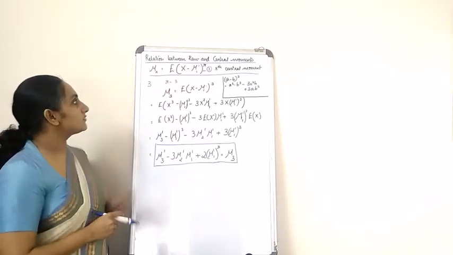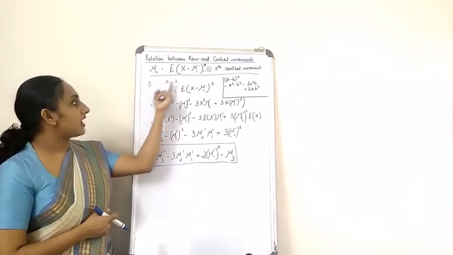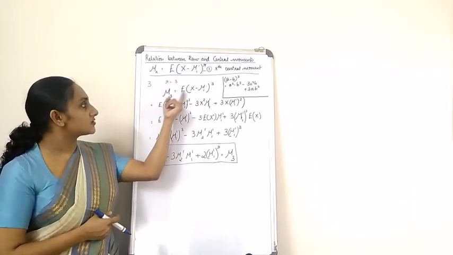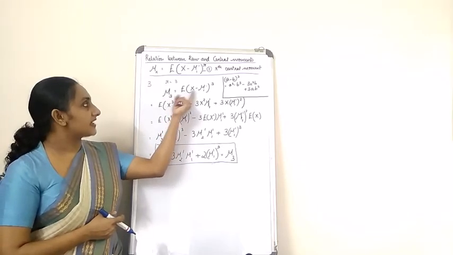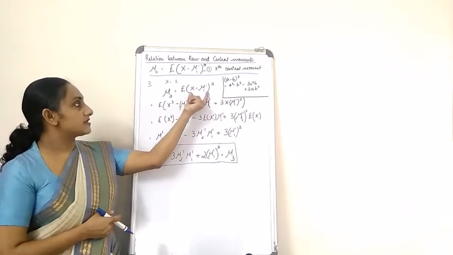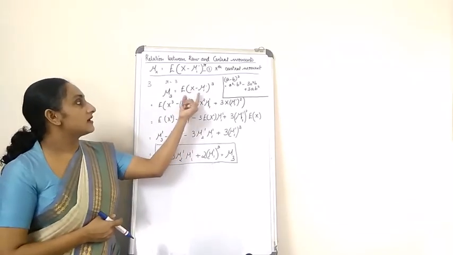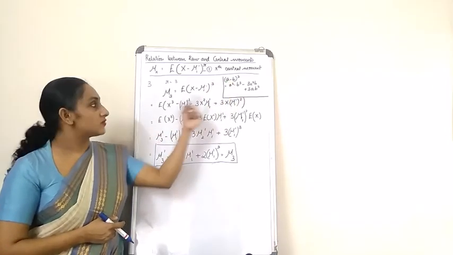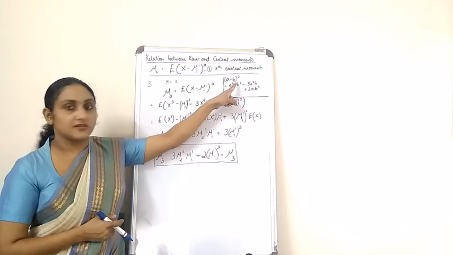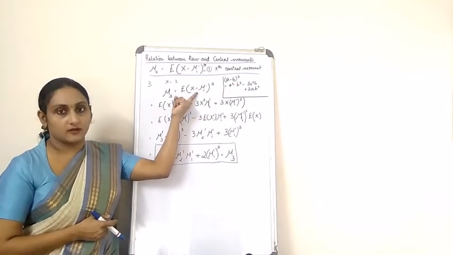When r is equal to 3, the equation changes into mu3 is equal to the expectation of (x minus mu1 dash) the whole cube. If you closely observe this, it is what you studied in high school: (a minus b) the whole cube. So the next step is to expand using this formula, a minus b the whole cube.